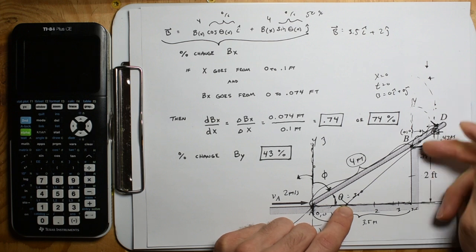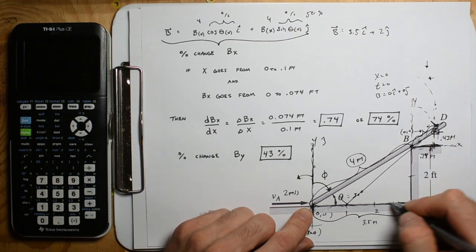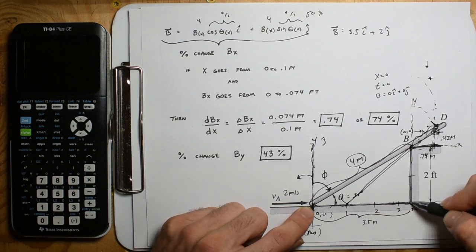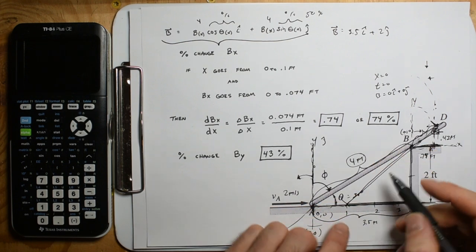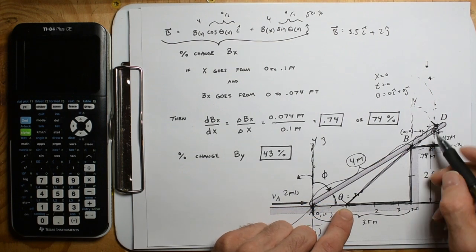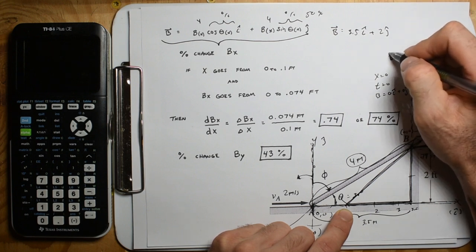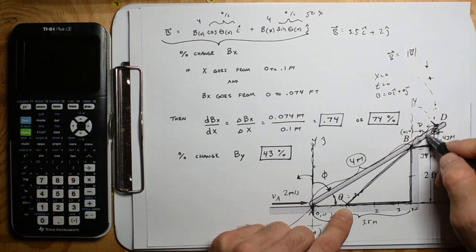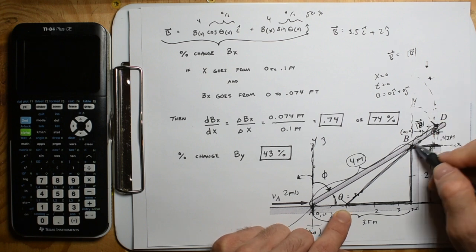At every x value, I always know this hypotenuse, I always know this height, and I can always know this, because I know how a right triangle operates. So this distance right here, which I'm going to call a vector, vector b, the magnitude of vector b is this distance.